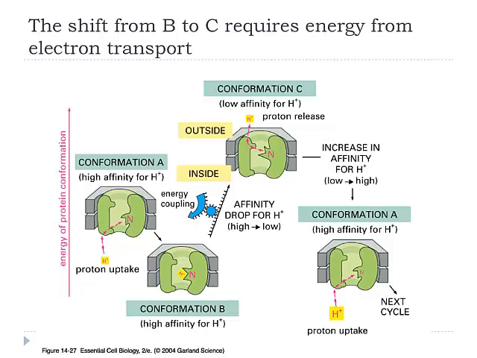The part that requires energy, that uses the energy captured or stored by the coupling to this electron transport, is the conversion of this conformation B to conformation C. And that's where the electron transport chain becomes important.